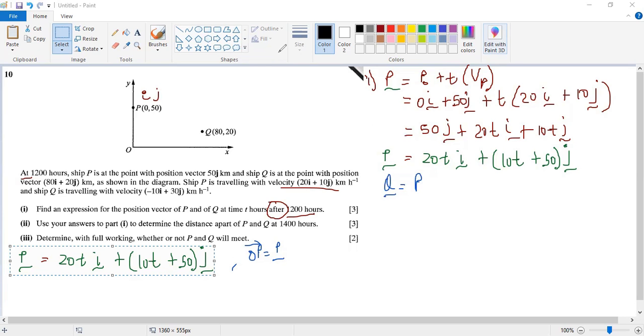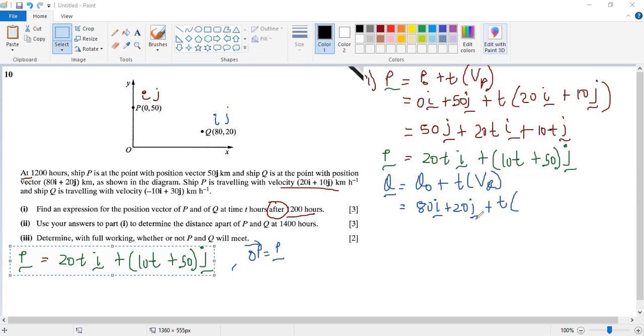It's going to be Q0, its initial position, plus the time and then the velocity vQ after time t. Okay, let's have a look at it, please. So Q0 is what? It's 80i. Looking at this definition, the i and j components, the x part, 80i, and 20j, plus t bracket.